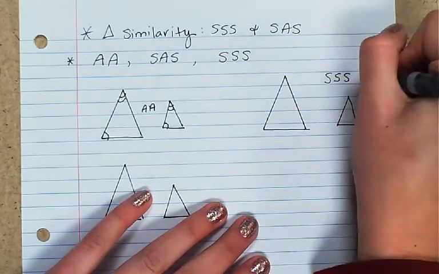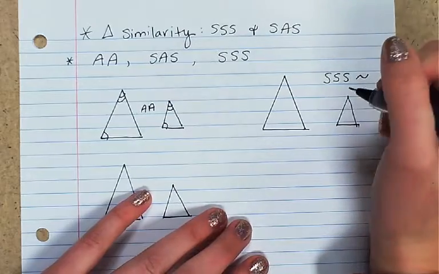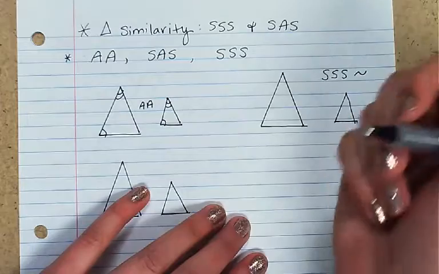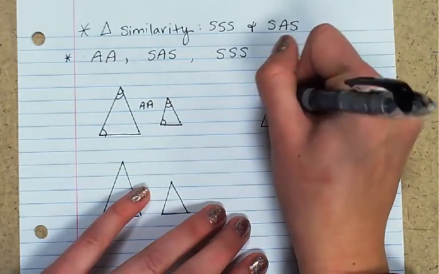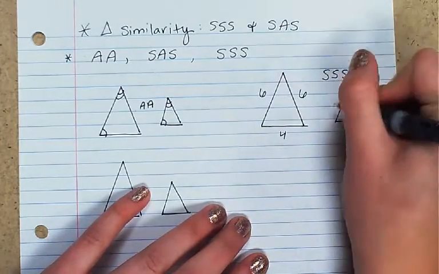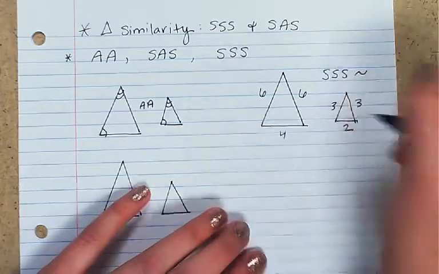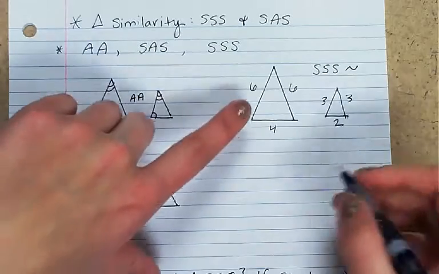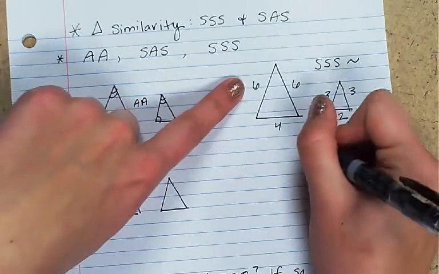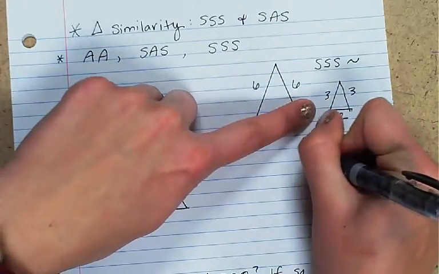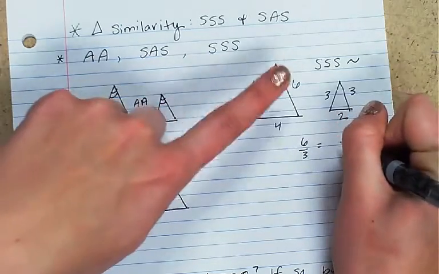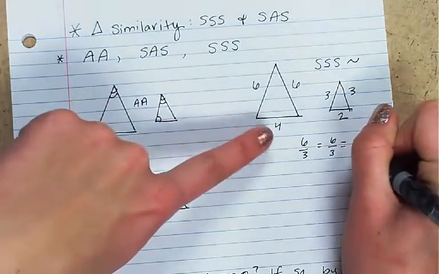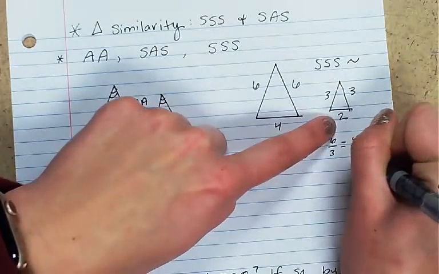For side, side, side similarity, you just have to show that all the sides are proportional. So let's say we had 6, 6, 4. What would happen is when we write out the corresponding side lengths, so their scale factors, 6 corresponds with the 3, which has to equal 6 corresponding with the 3, which has to equal the 4 corresponding to the 2.